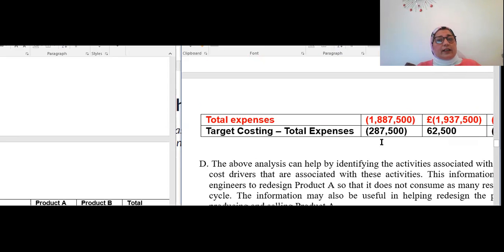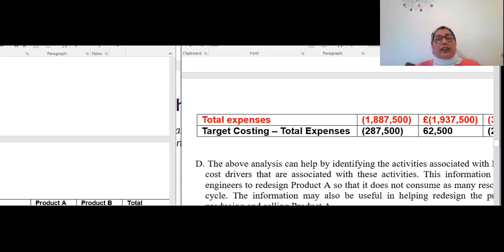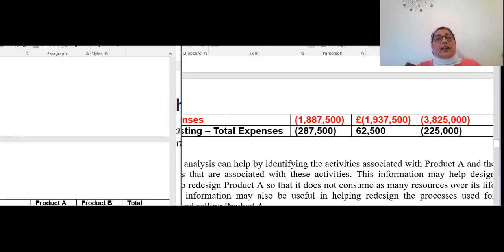Target costing, take away the total expenses, will give us the same kind of results, that product B is more profitable than product A. And you have two options. When I say comment on the results, you might produce the two tables and then provide a full comment on both tables, or you might prefer to provide comments on each table separately.